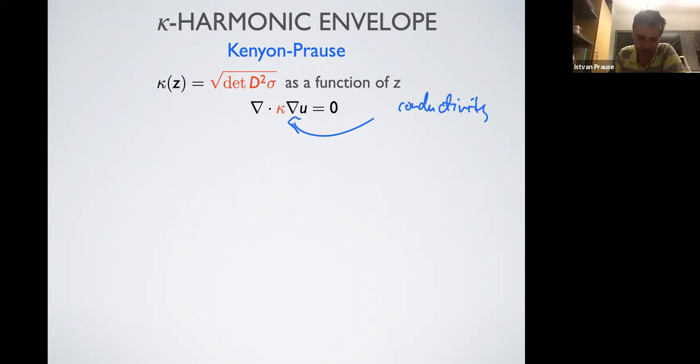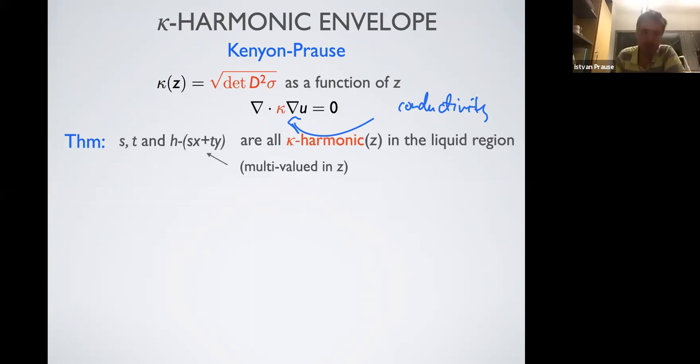Now the theorem is that we have three functions, S and T, and also this third function, which is the height function minus the inner product of the slope, ST, with the liquid region coordinates XY. We view all three of these functions as functions of this complex Z. They are all kappa harmonic in this variable in the liquid region.